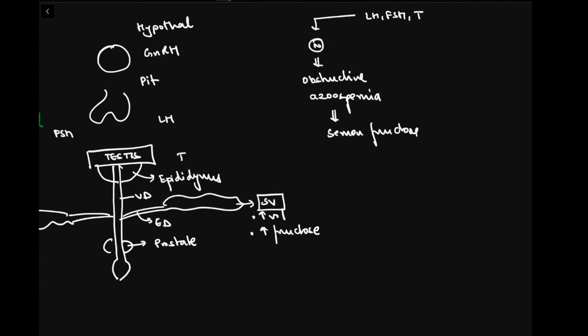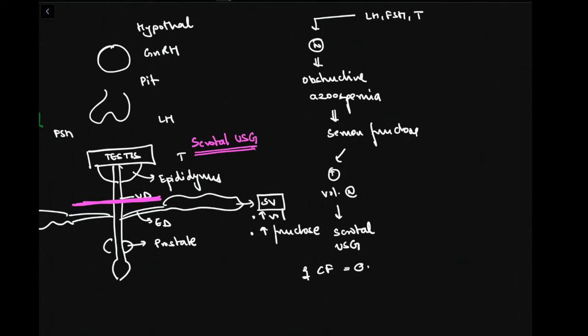If fructose is present, it means that the obstruction is above the ejaculatory duct or at the level of the vas deferens, for which the investigation would be a scrotal ultrasound. Here the volume of the semen would be normal. For example, in cystic fibrosis, where the vas deferens is absent.